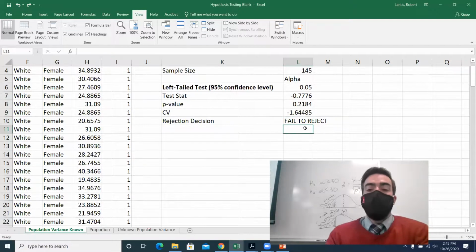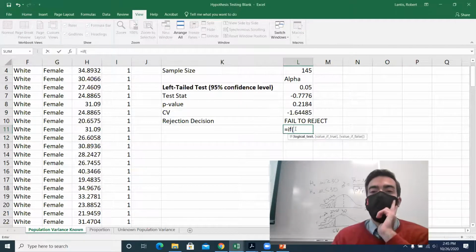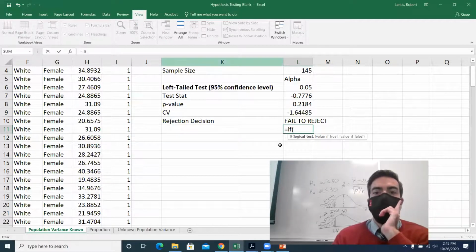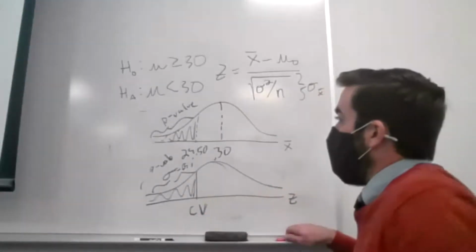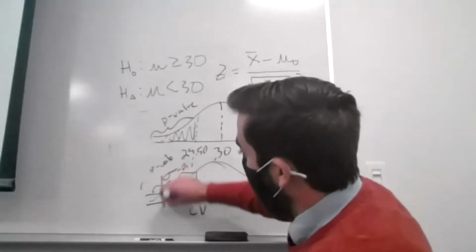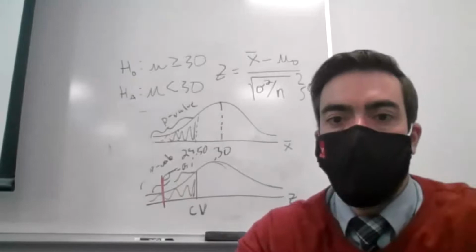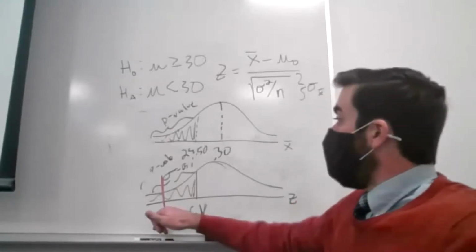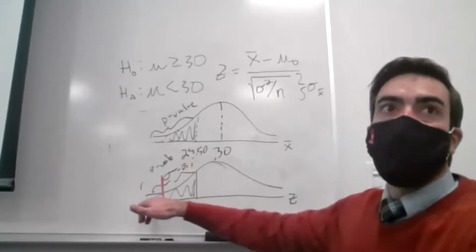Now what if I want to use that if statement for the critical value approach? It gets a little bit tricky with a left-tailed test, because what do I really want? If my test statistic is here, it's in the rejection region. Remember, these are negative values.